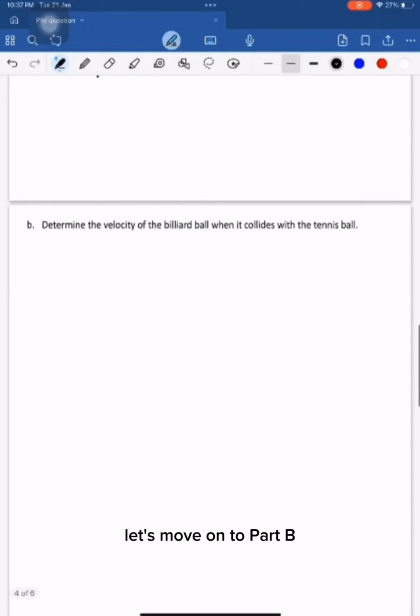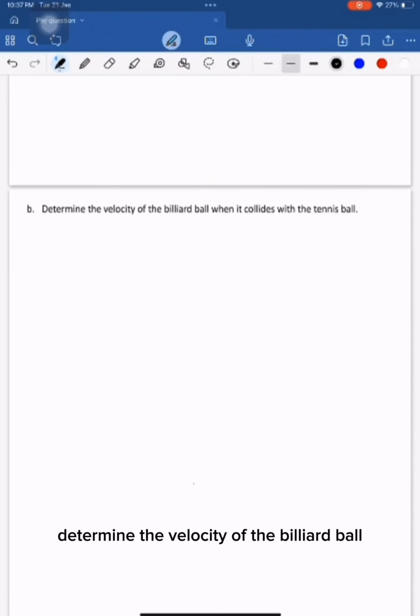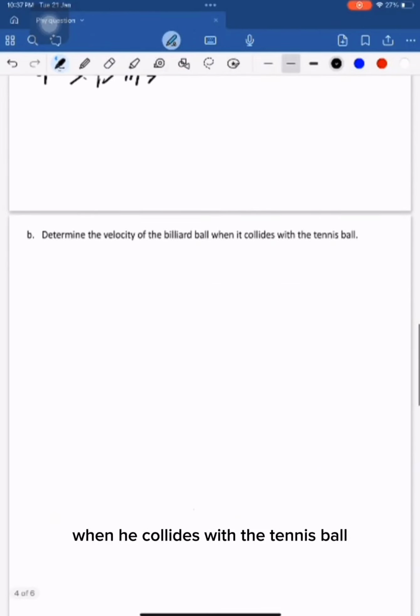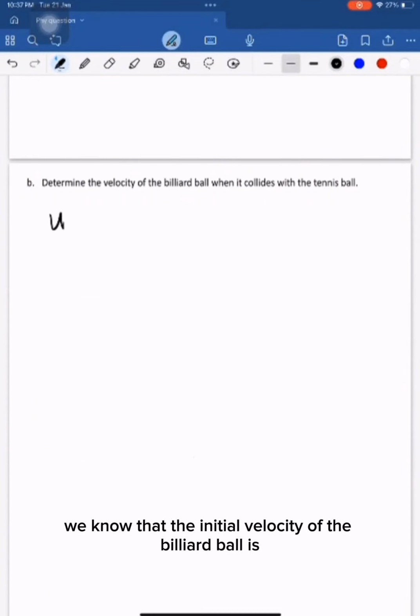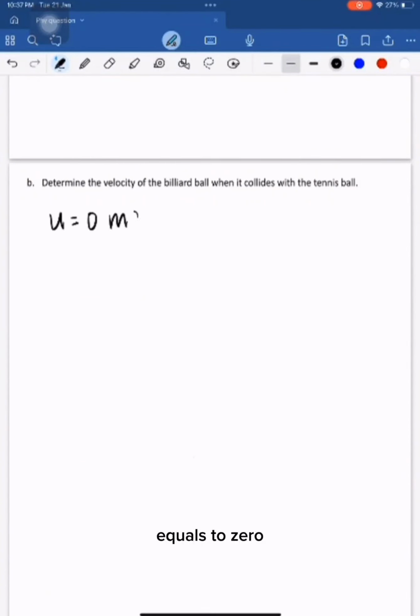Thank you, Penny. Let's move on to part B. Determine the velocity of the billiard ball when it collides with the tennis ball. We know that the initial velocity of the billiard ball is equal to 0.